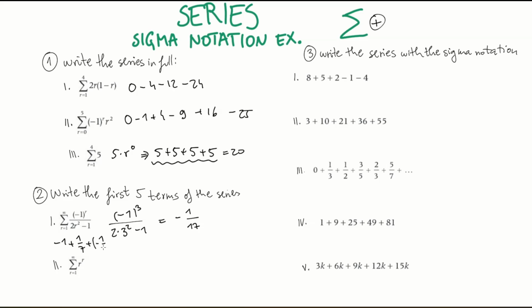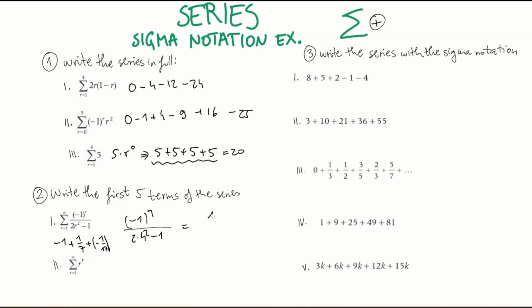And then we have our fourth term. We just substitute 4 in, so basically minus 1 to the power of 4 over 2 times 4 squared, which is 2 times 16, minus 1.